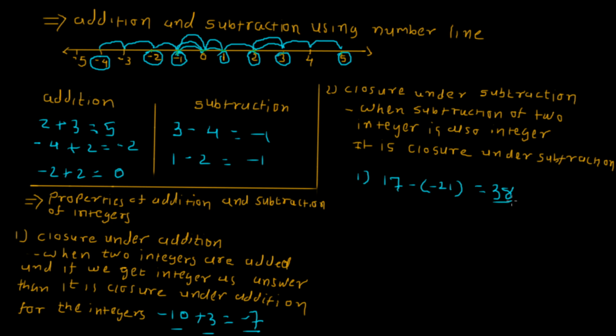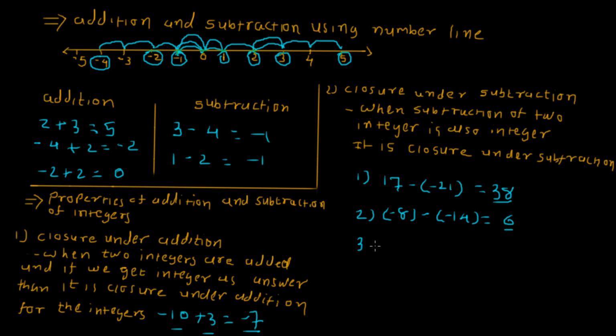So this is an integer. Let's take another example. Second example, guys, -8 minus 14, and what we get? We get -22, which is also an integer. We subtracted two integers and the answer is an integer.